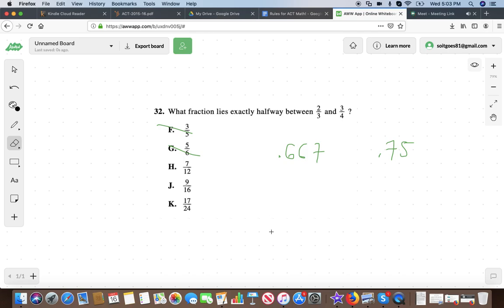Oh my gosh, it can't be this easy. But maybe it is. 0.56. No! Are you kidding me? And 0.71. Does that sound like halfway between? Yeah. Oh, yeah. We got K. Oh my gosh! How easy is that? It's a lot simpler.